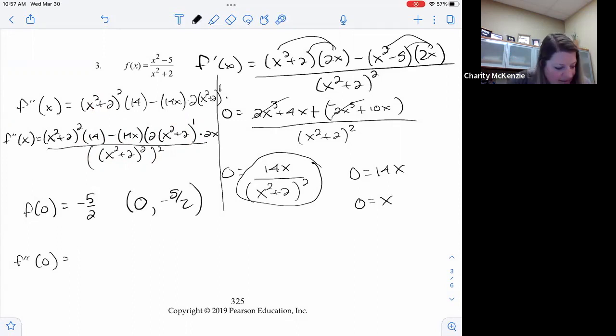So this is going to give me 2 squared times that 14 minus, now put in the 0 here, right? And here, this would be 0, 0 times anything is 0. How did I get a 4?